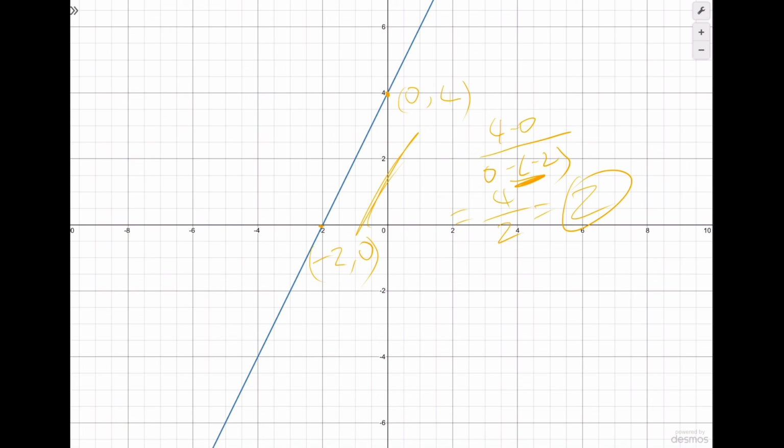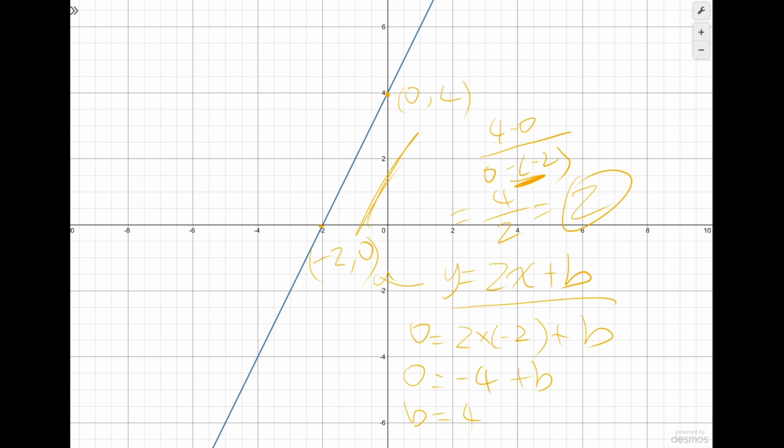So our current equation will be y is equal to 2x plus b. To get b, we will look at one of the points. Let's look at the first one, negative 2 and 0. So y is equal to 0, equal to 2 times negative 2, plus b. 0 is equal to negative 4 plus b. b is equal to positive 4.